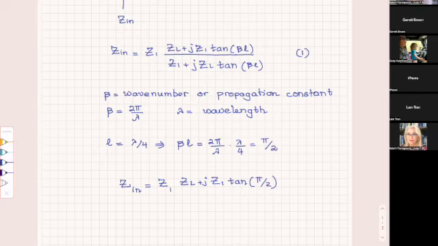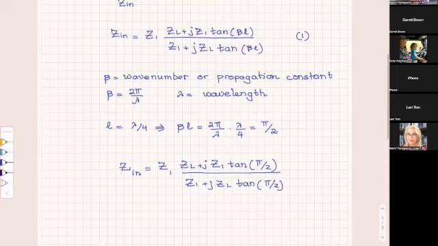And then here we have Z1 plus j ZL tangent pi over 2. How much is tangent pi over 2?